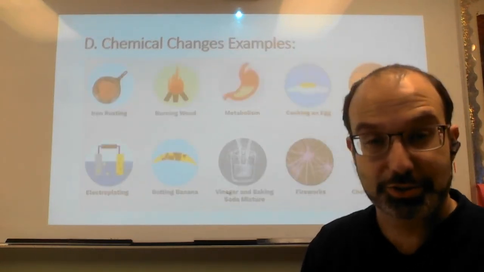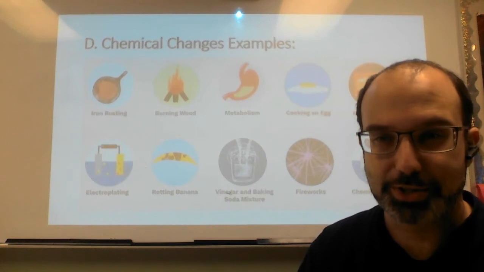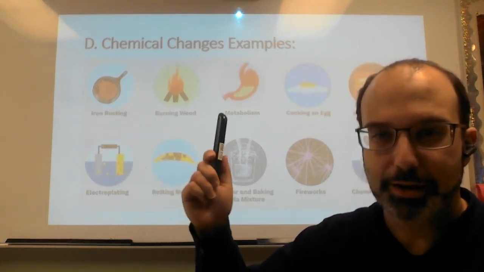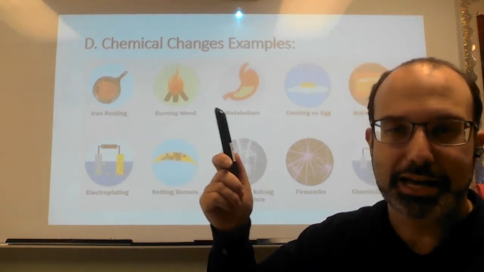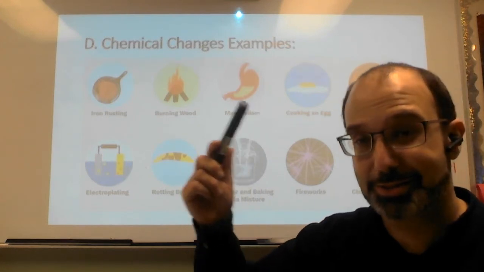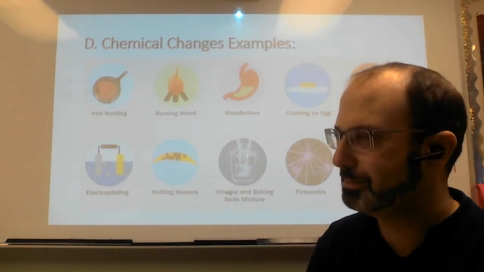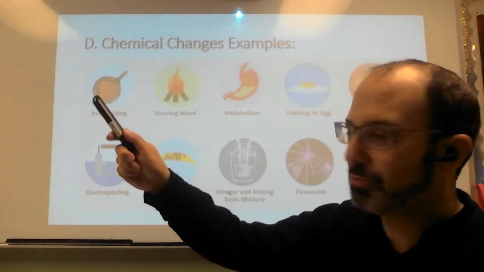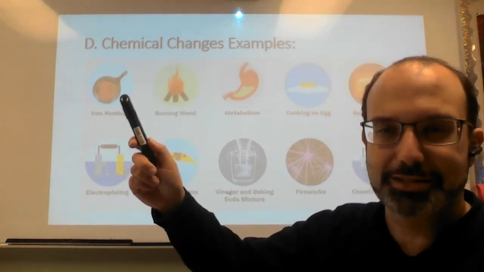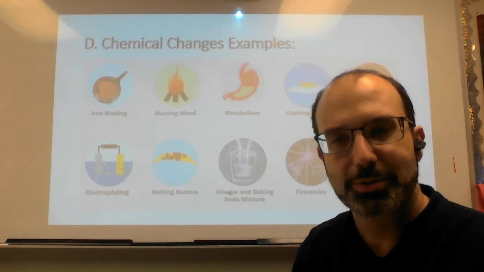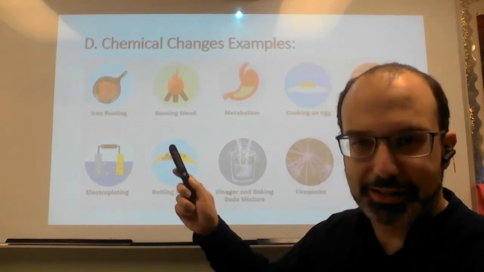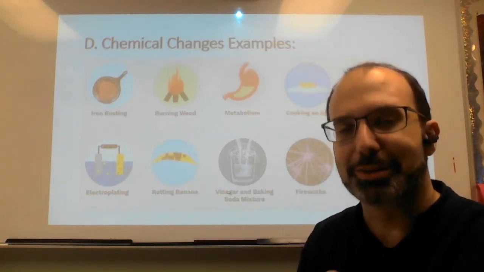Now, chemical changes, these make new things. Look at these ones. Rusting metal, combusting wood, metabolizing food. To be honest, these three are kind of the same thing in a lot of ways. What? Why are they the same thing? Rusting iron is really the same as combustion. It's just slow. If something is rusting, it will be oxidizing. It will gain oxygen.